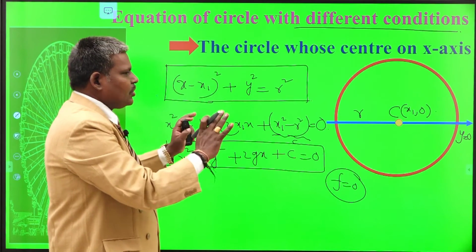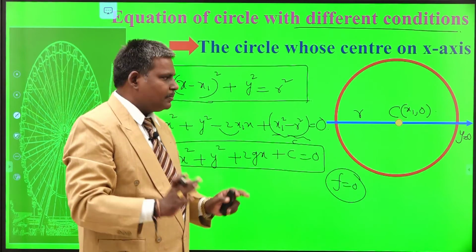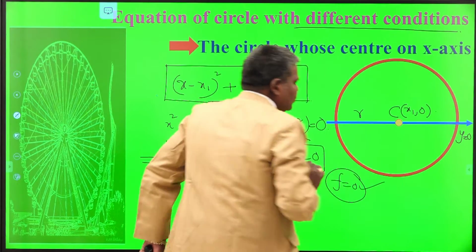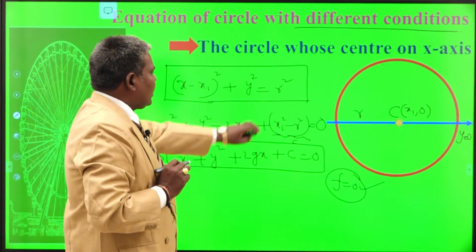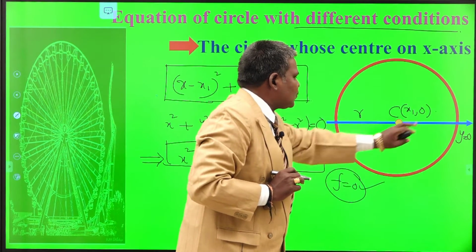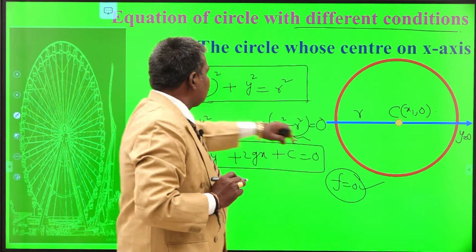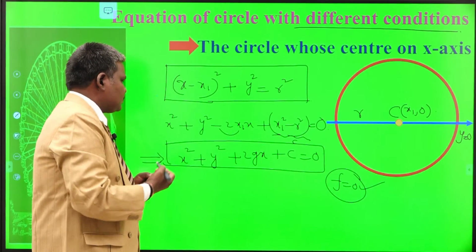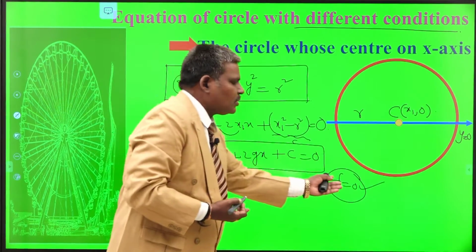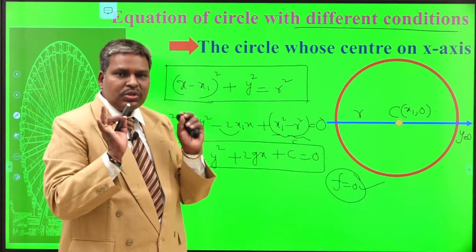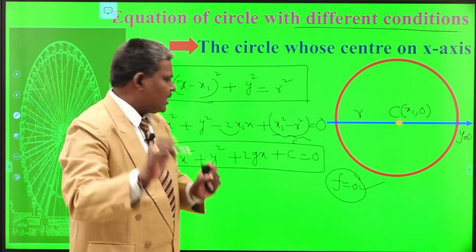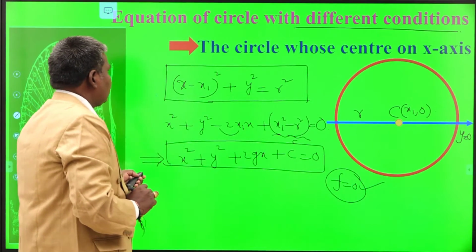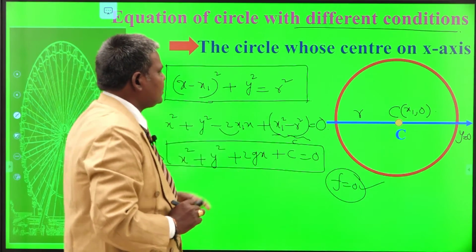I started from the center at x1 comma 0 having radius r, and simply converted this equation into this form. I observed what happened: f equals 0. So S equal to 0 whose center lies on the x-axis immediately gives the condition f equals 0. Let us see another thing. This is the center of the circle.